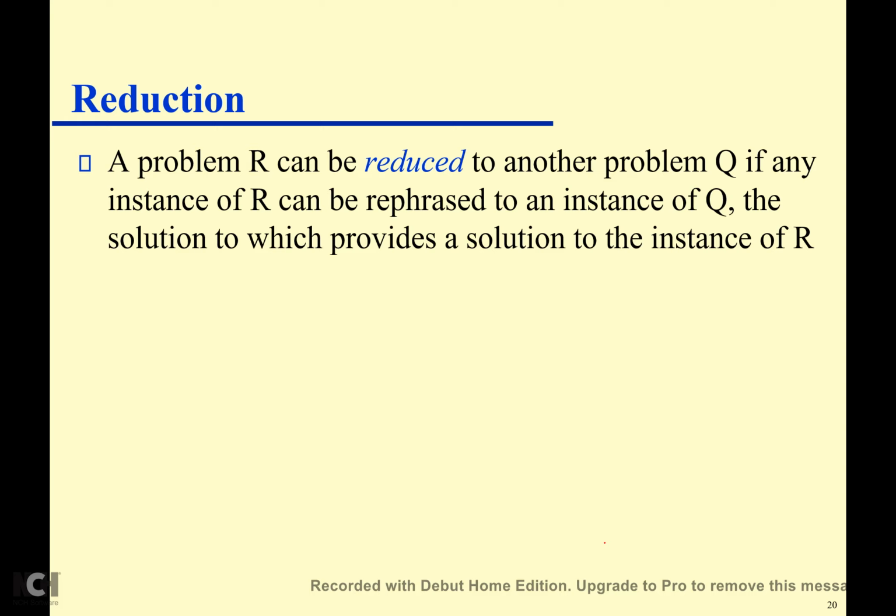A problem R can be reduced to another problem Q if any instance of R can be rephrased as an instance of Q, the solution to which provides a solution to the instance of R. So it corresponds to, if we know Q, what is the algorithm? Let's write it down here.